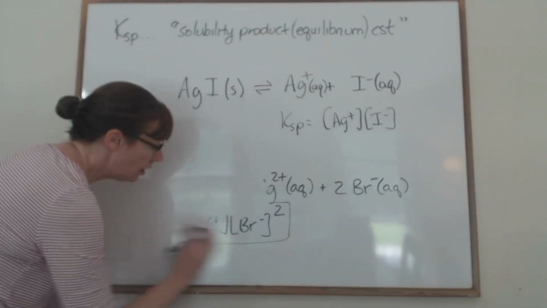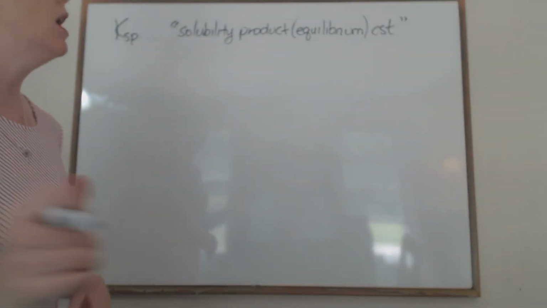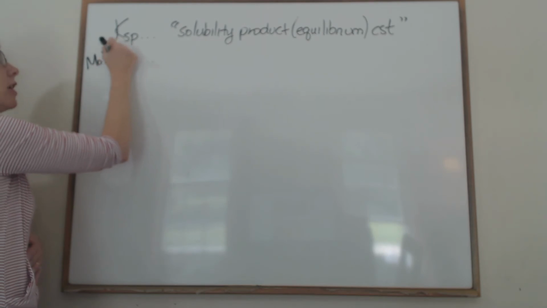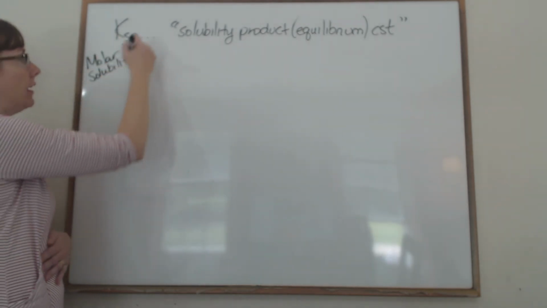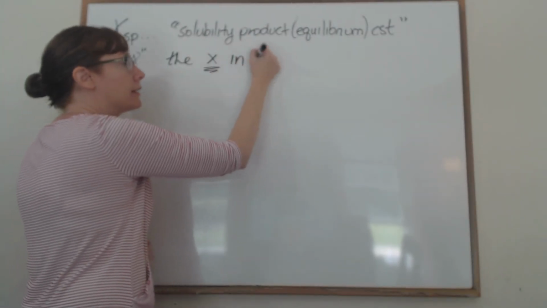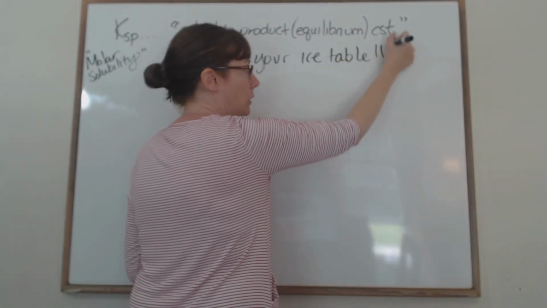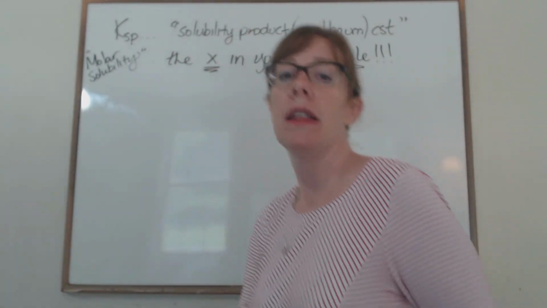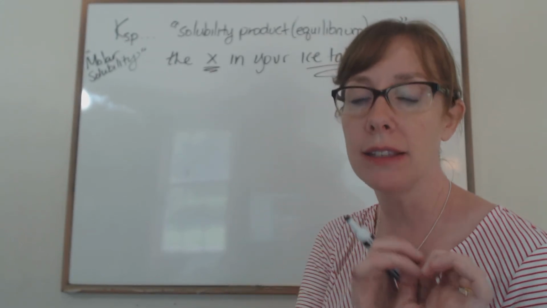The molar solubility is kind of difficult to explain, but let me say it like this: if you think of it as the X in the ICE table that you construct with these, then you will get these questions correct. The molar solubility is equivalent in value to the X in the ICE tables.